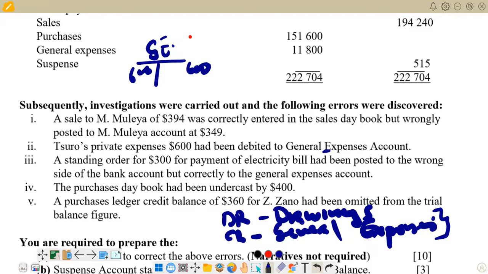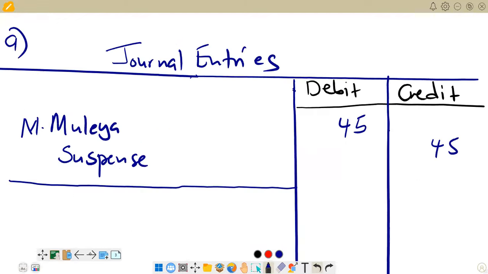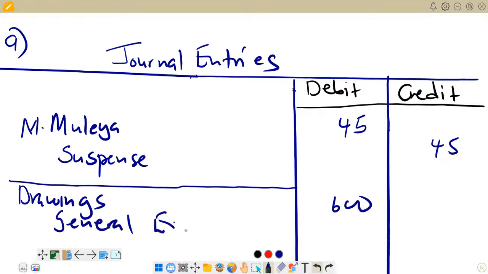So we can go to the journal entries part and summarize that working. Remember, we are debiting drawings. So drawings is the account that amount was supposed to be in, with 600, and then we credit general expense with 600.